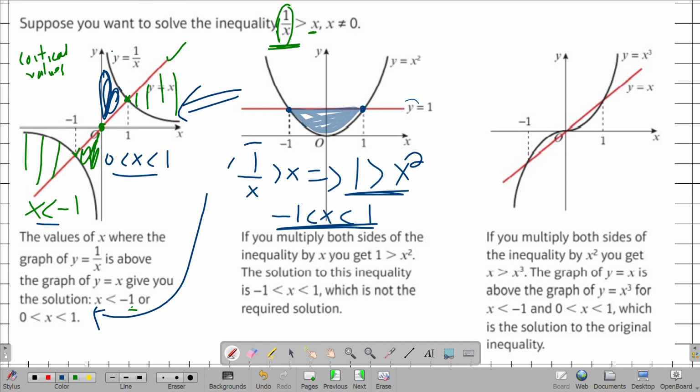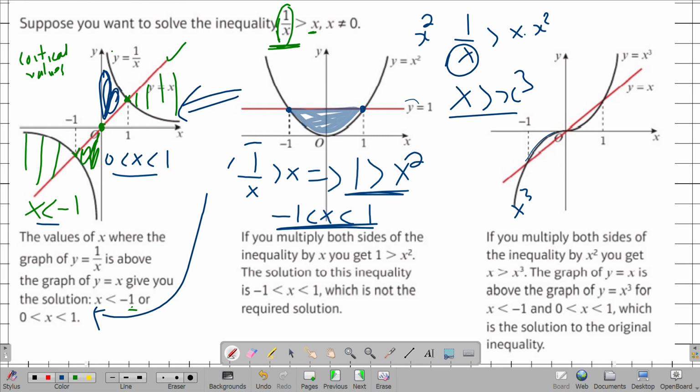the correct critical values. So if you multiply 1 over x greater than x, instead of multiplying with the LCM, you multiply with the square of the LCM, both sides, you are actually going to get x is greater than x cubed. And if you look at this, this is our graph x cubed. And the line y is equal to x is that one.